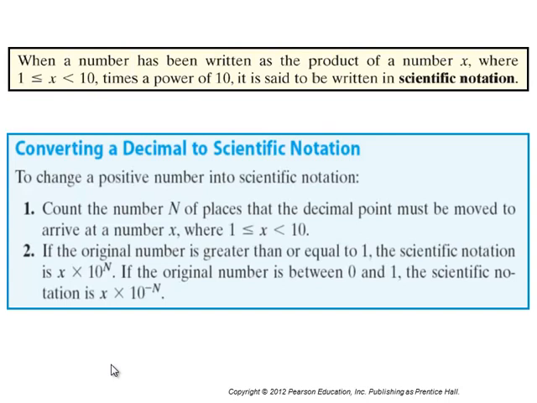Alright. Scientific notation is just a shorthand way of expressing extremely small numbers or large numbers that have a lot of digits or decimal places. Here's the general recipe, the rules of the road for converting a decimal number to scientific notation.